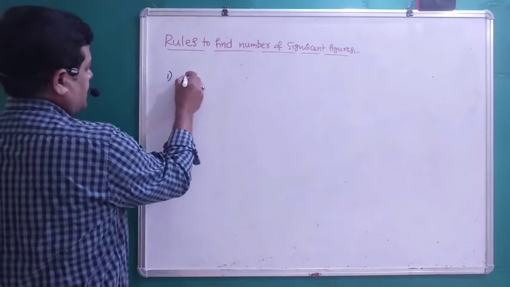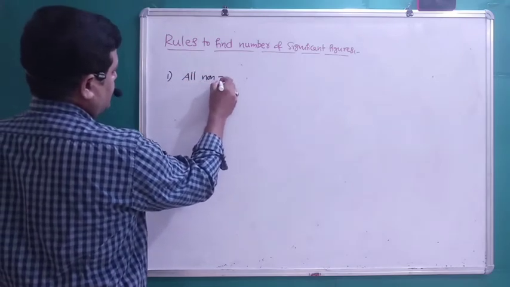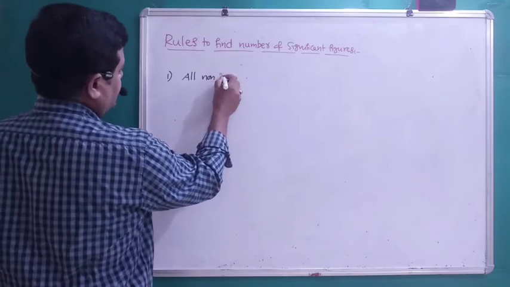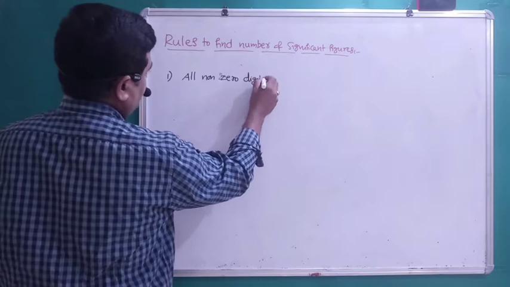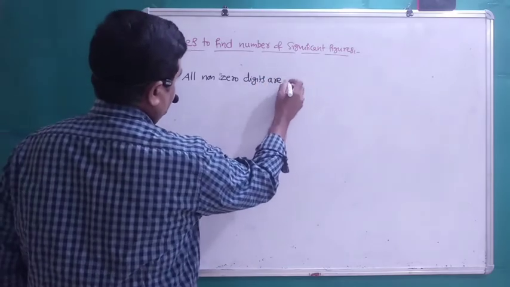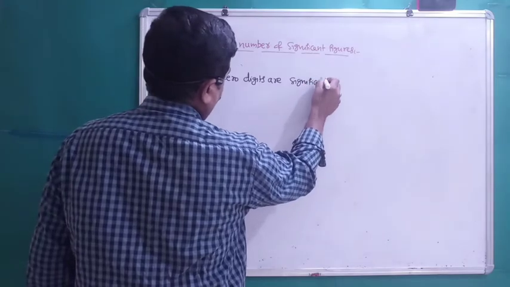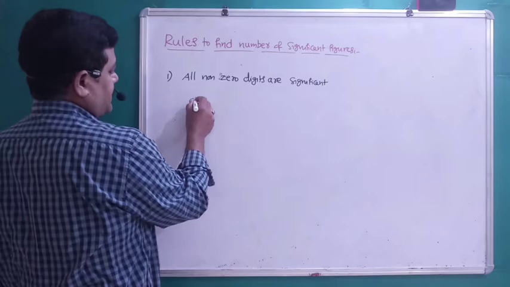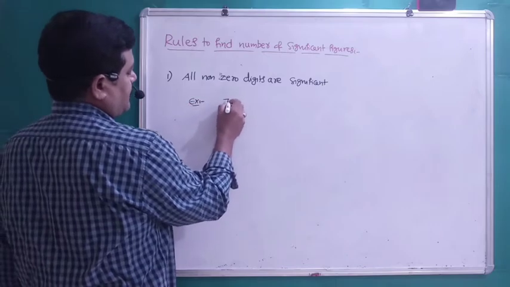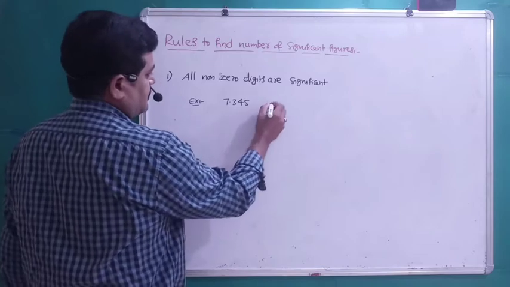Generally, all non-zero digits are significant. All non-zeros are significant. For example, 7.345 is given.